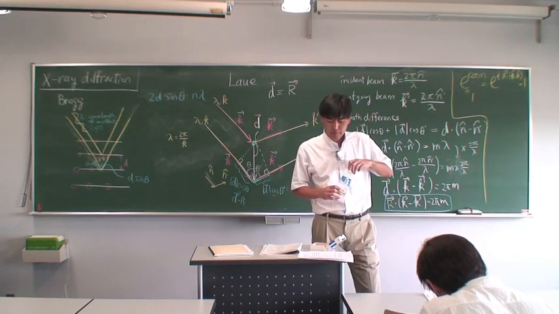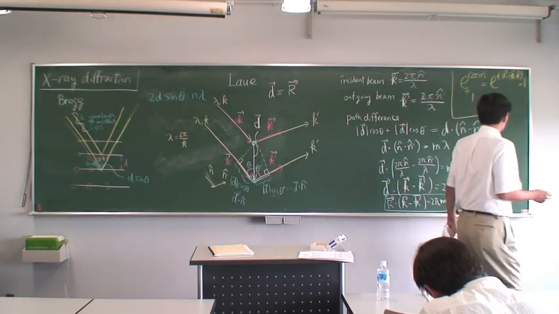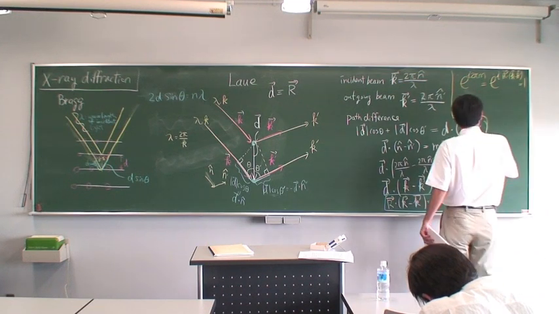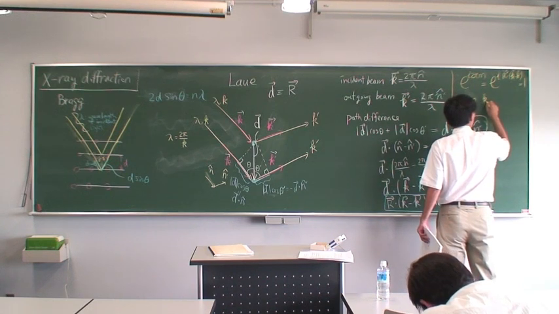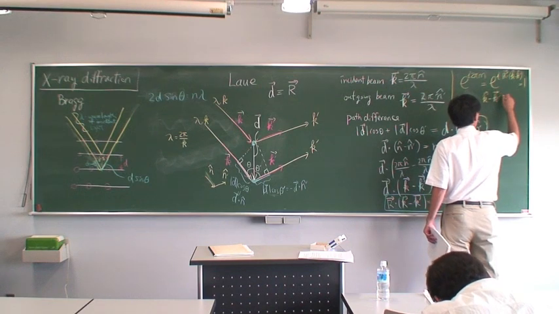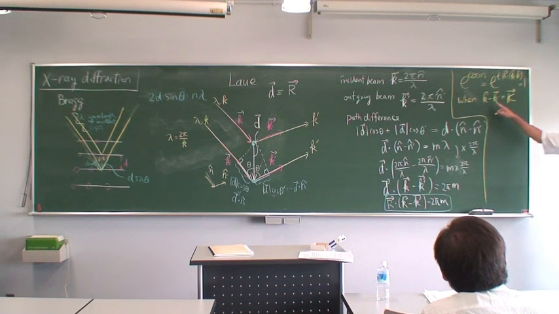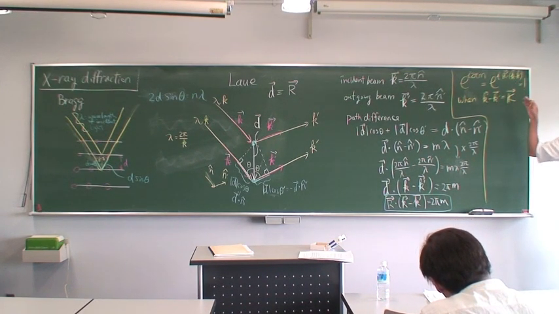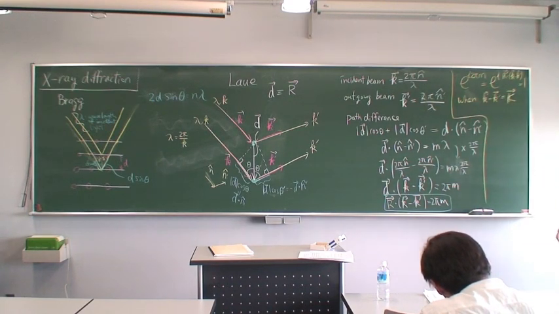What this tells you is that when k minus k prime is large K, when this vector is a reciprocal lattice vector, constructive interference occurs.